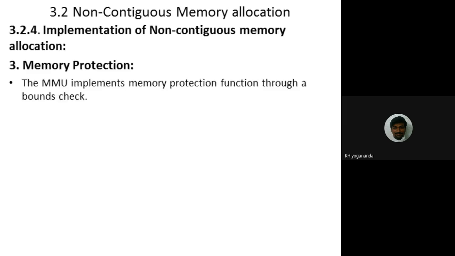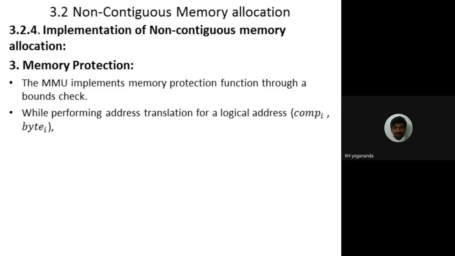Then what about the memory management unit? The memory management unit implements the memory protection through a bounds check. Bound means the limits. While performing address translation for a logical address, we saw in the previous class that it comes in a pair, that is component i and byte i.